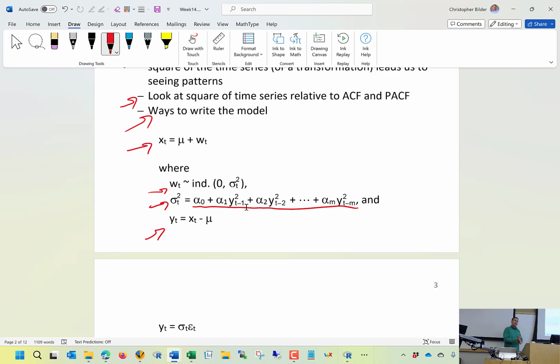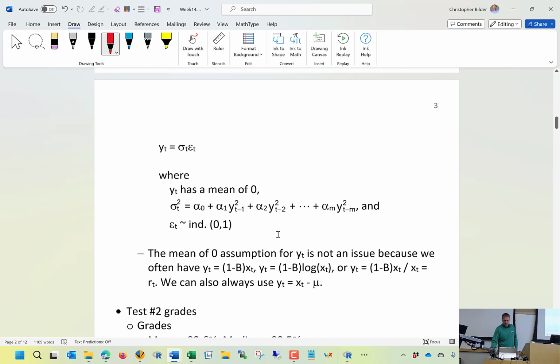Okay, so this allows now this sigma squared to depend upon what has occurred in the past. Notice how this is sort of like an autoregressive kind of model situation. That's where the AR for ARCH models comes from.